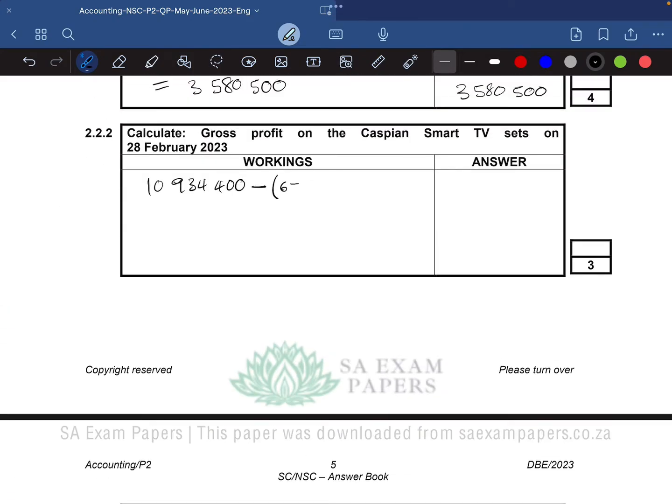So the cost of sales is 670 times 10,200. So the gross profit is 10,934,400 minus 670 times 10,200. Remember, we're calculating the gross profit, and our gross profit is 4,100,400.